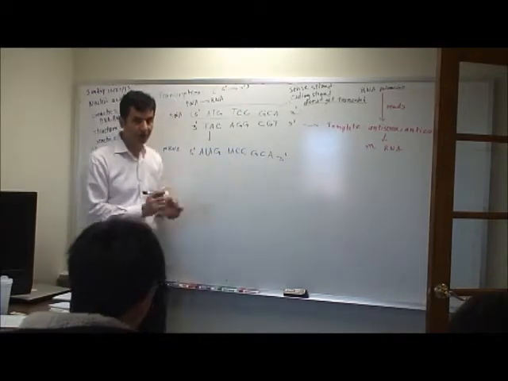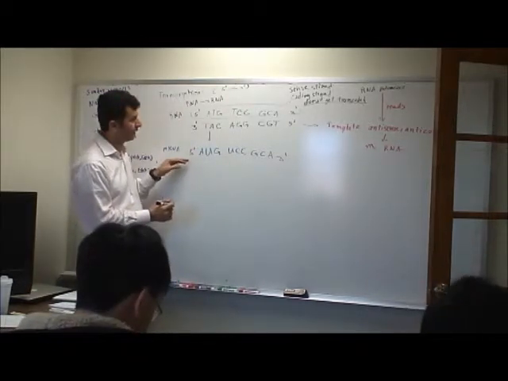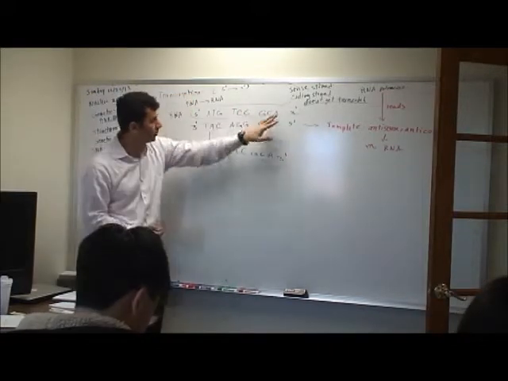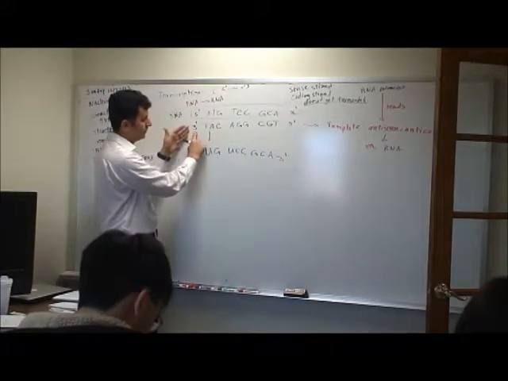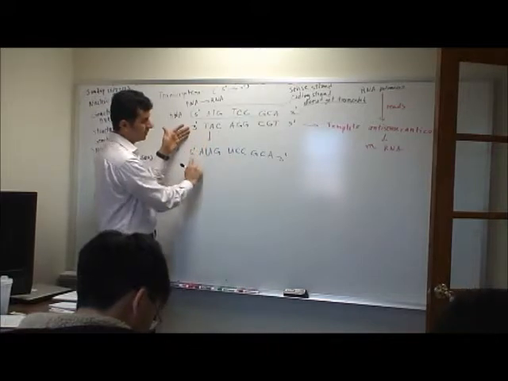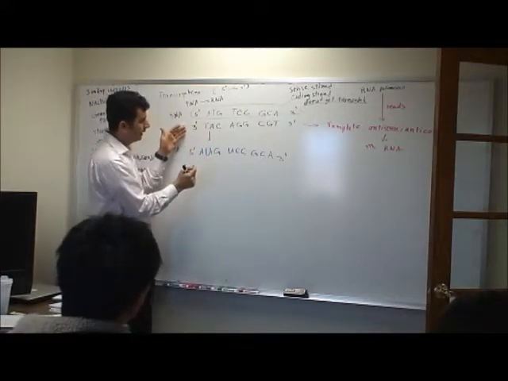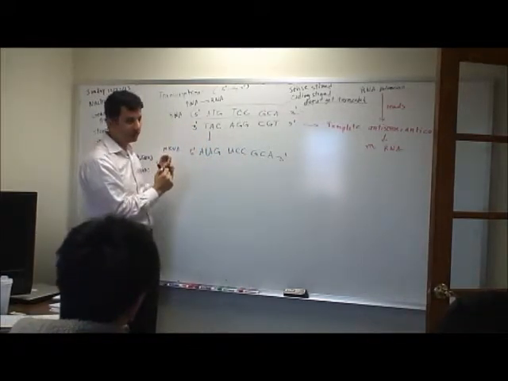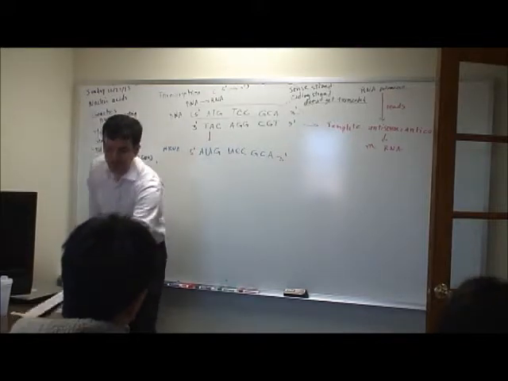This is a shortcut that you can get the mRNA right off the bat. So 5 prime, 3 prime, 3 prime, 5 prime, you know you have to read this because if you read this you get a 5 to 3. Now I want you to pay attention to this part.